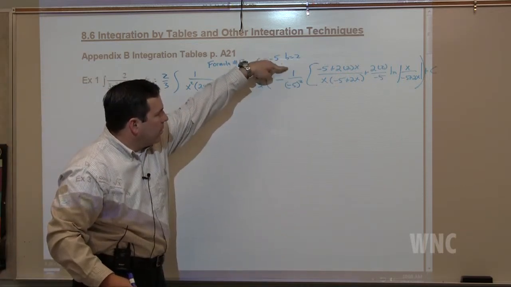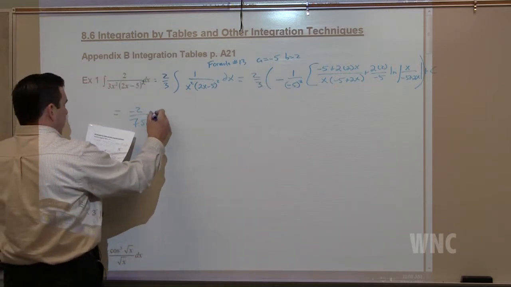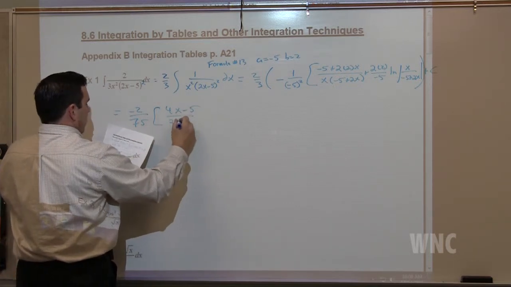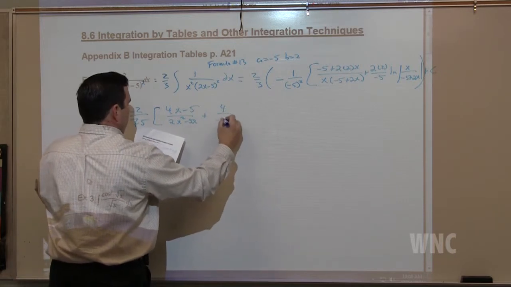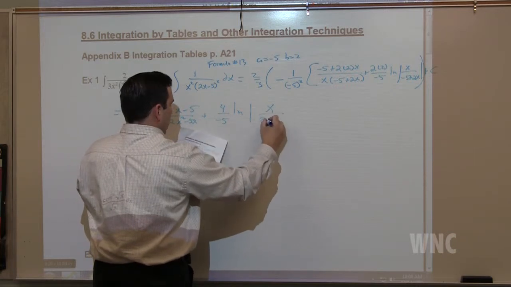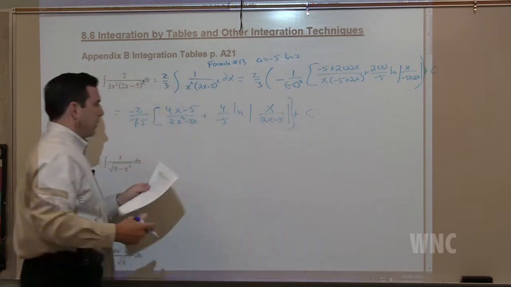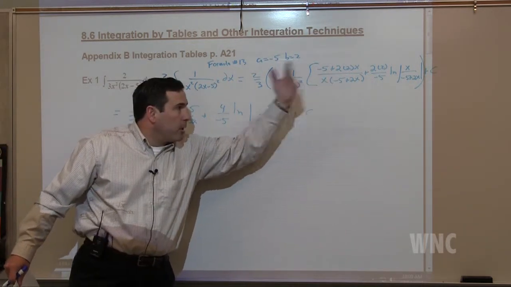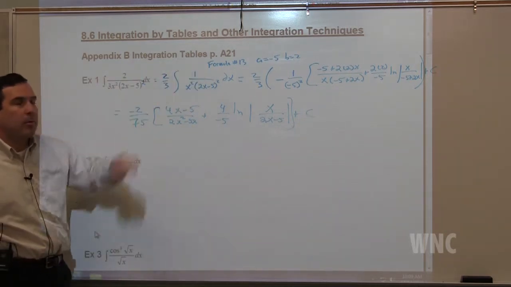This is negative 1 over 25. So negative 2 over 75 times 4x minus 5 over 2x squared minus 5x plus 4 over negative 5, natural log of the absolute value of x over 2x minus 5 plus c. Just working this out, with a little bit of distributing and combining, and there we go. That's what we have, using formula number 13.